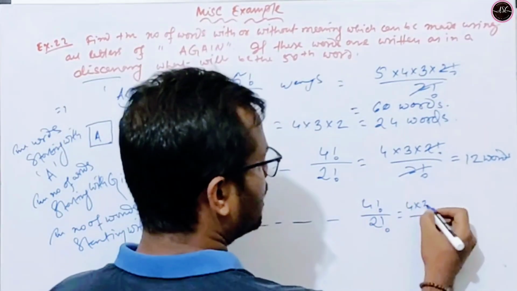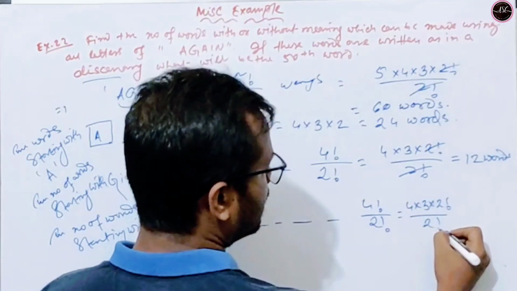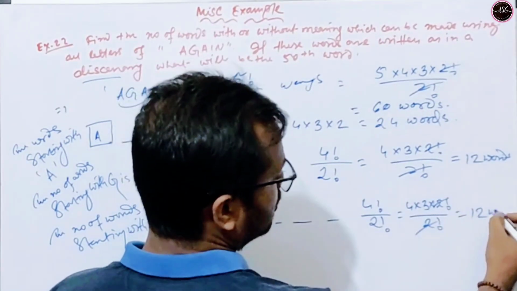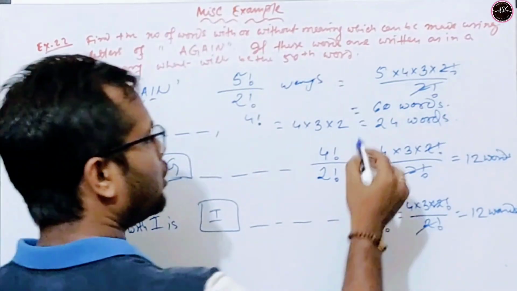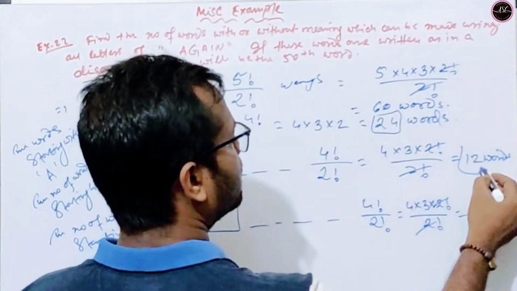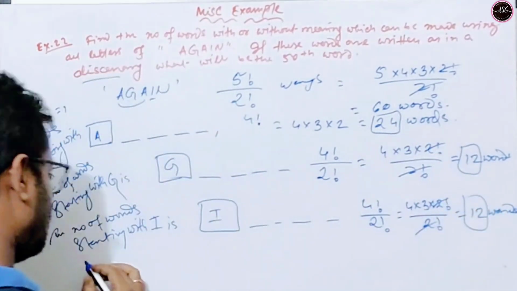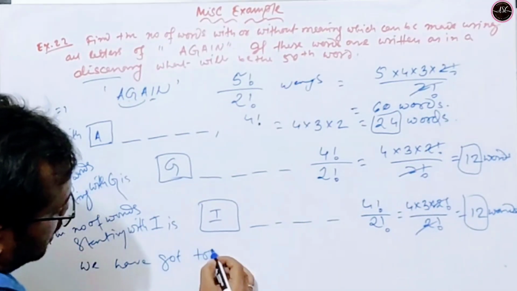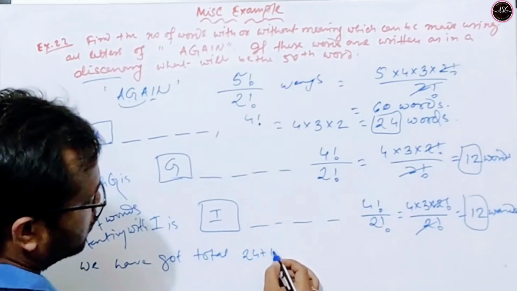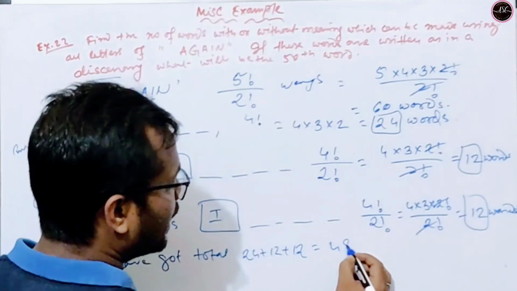So we have 4 into 3, and 2 factorial divided by 2 factorial is cancelled out. So we have got 24, 12 and 12. That means we have got a total of 24 plus 12 plus 12, that means 48 words.